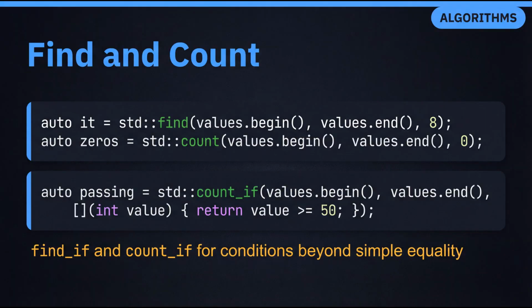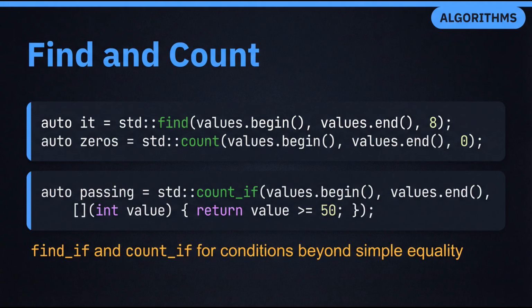Two of the most common algorithms: find and count. Find returns an iterator to the first element that matches. If no match exists, it returns end. Count returns how many elements match. For conditions beyond simple equality, use the _if variants. count_if takes a predicate, a lambda or function that returns true or false.